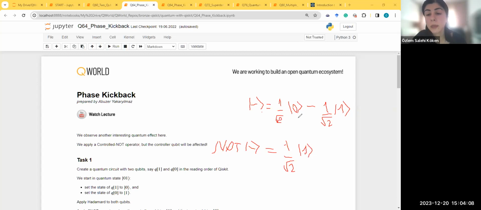Because we are applying a NOT, so 0 becomes a 1. I have the minus. Then I have 1 over square root 2, and this 1 becomes a 0. And now, if you just take minus outside, you will have exactly the state here. 1 over square root 2 ket 0 minus 1 over square root 2 ket 1.